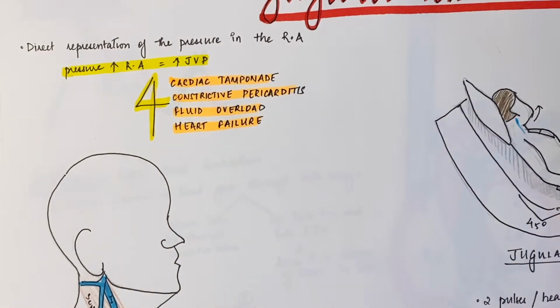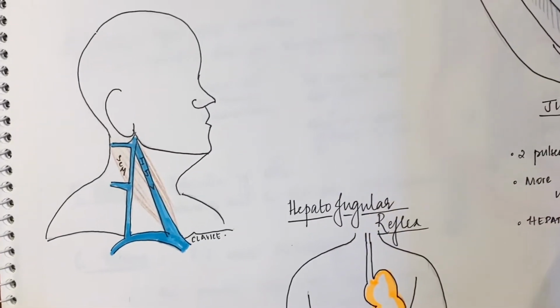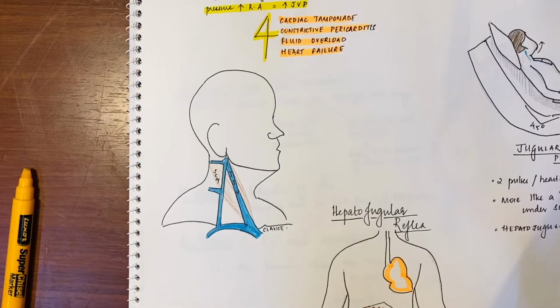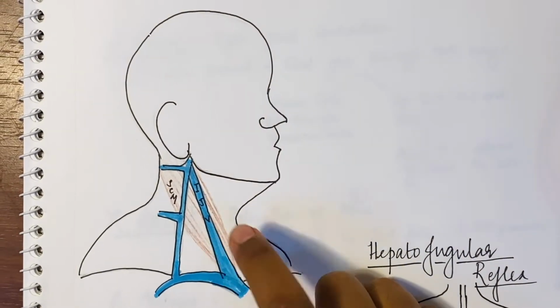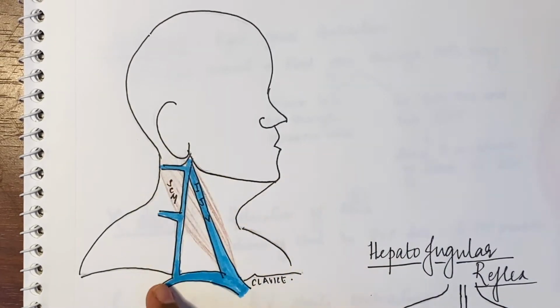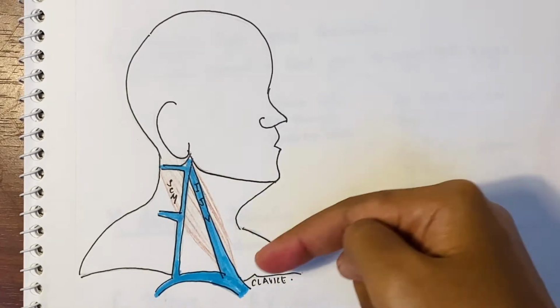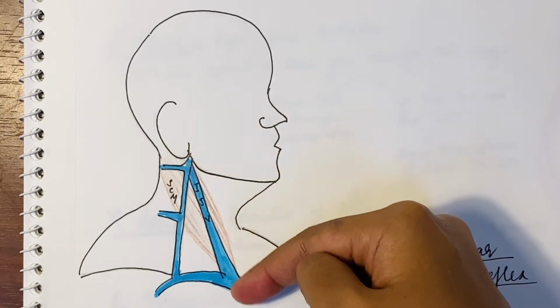So, this is what the internal jugular vein of a human looks like. It's very important that we look at the internal jugular vein. Although the external jugular vein is present just lateral to the internal jugular vein, we don't measure it there. JVP is measured by the internal jugular vein.